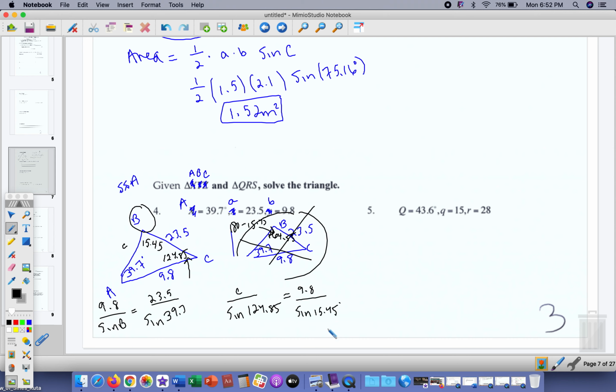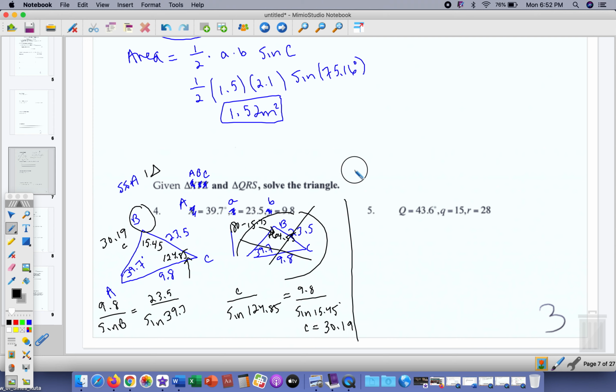And when we cross multiply, we will get that the last side is 30.19. So this is an example where you only have one triangle. We saw a previous one where we had two. This is one. Now let's see this one, number 5.